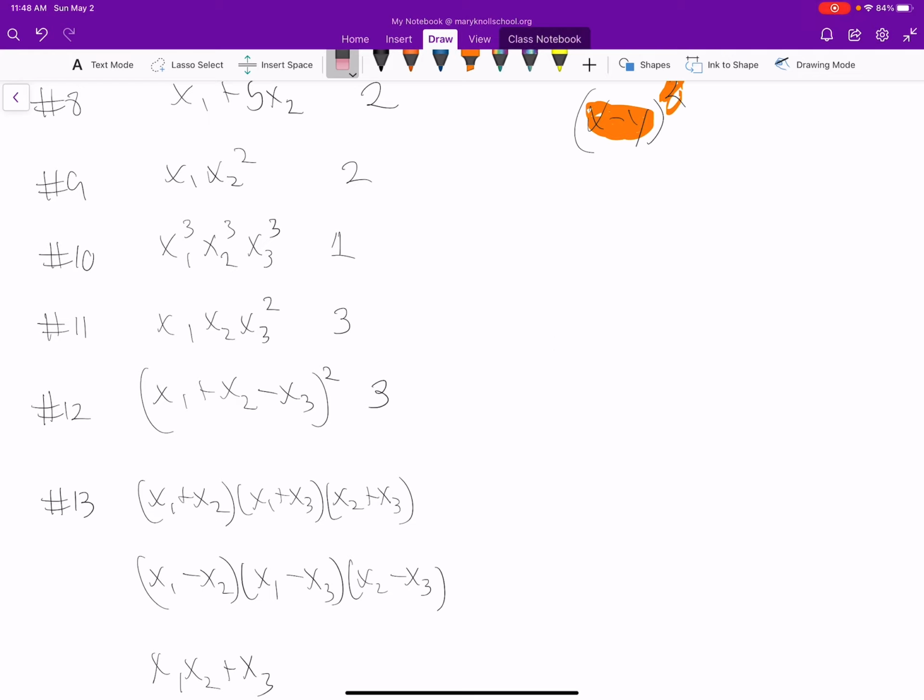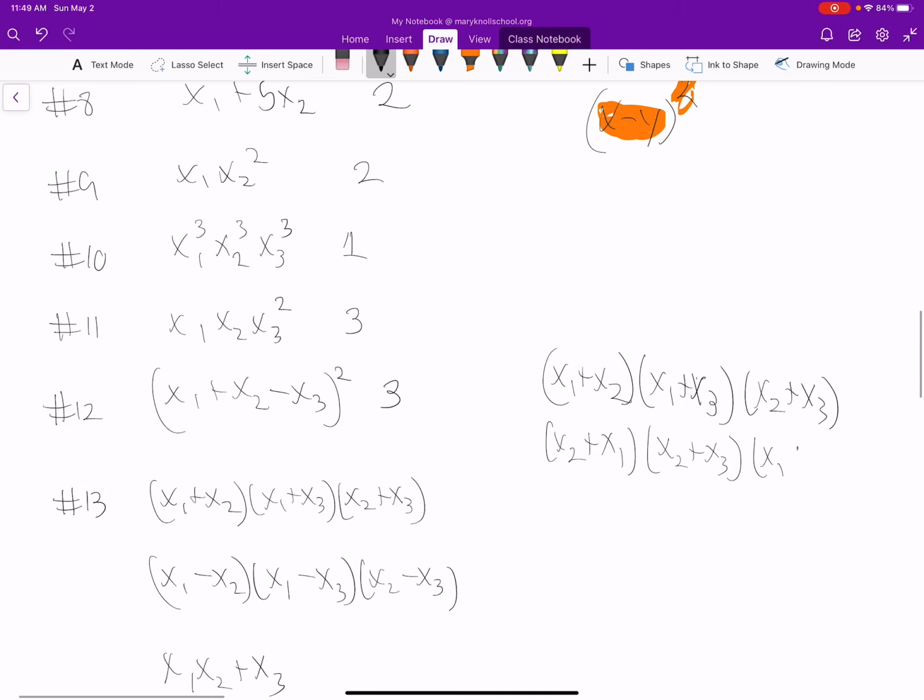So if we do what's given to us in the problem, x1 plus x2, and then we switch around 1 and 2, x2 plus x1. And then we do x2 plus x3 and x1 plus x3.